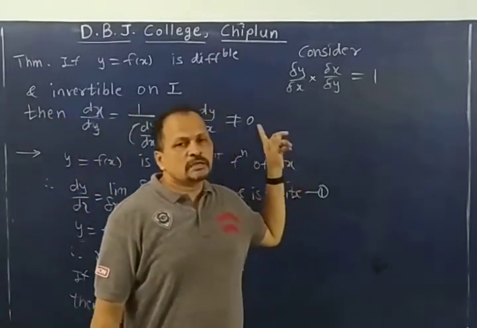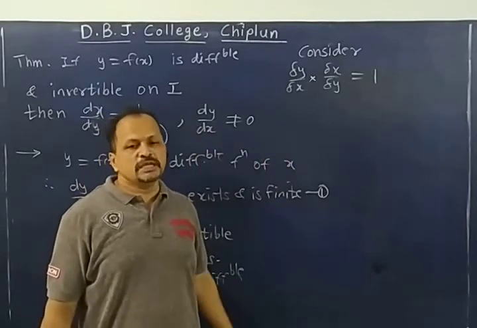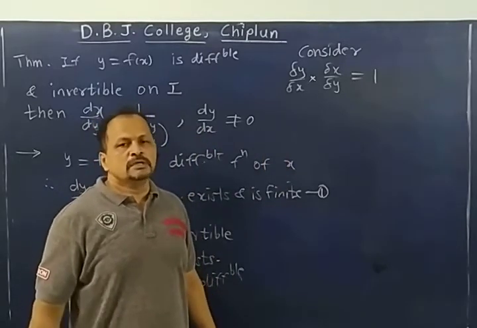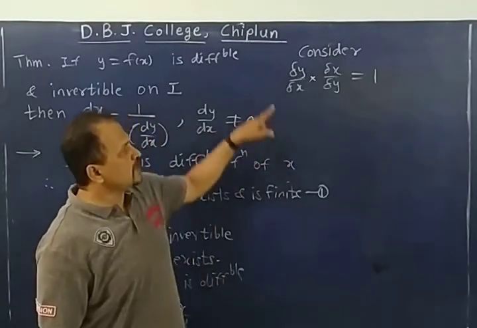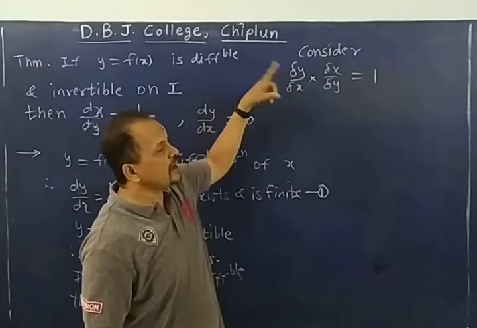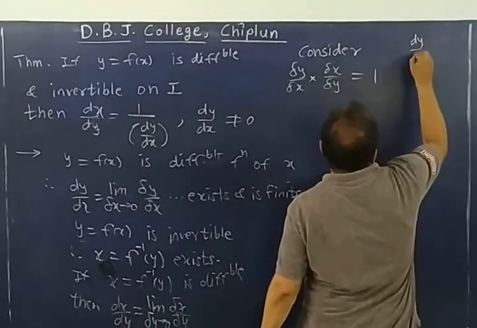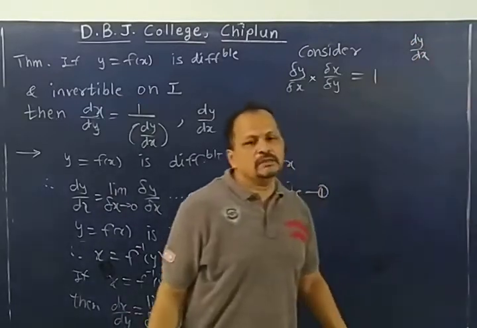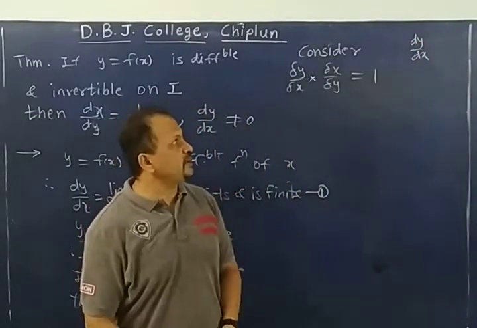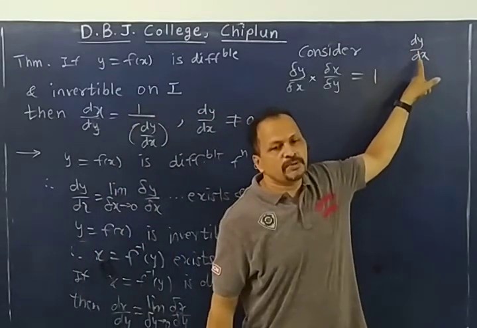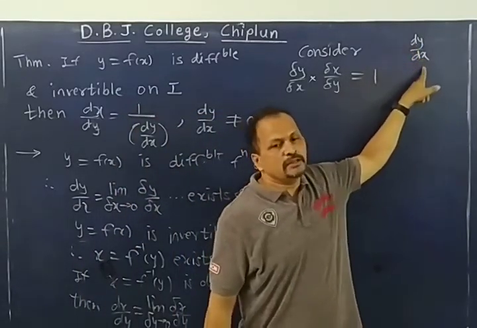In the first lecture, in the first theorem, chain rule, I have told you the difference between delta and d. dy by dx is a notation for the derivative of y with respect to x. You cannot separate them.